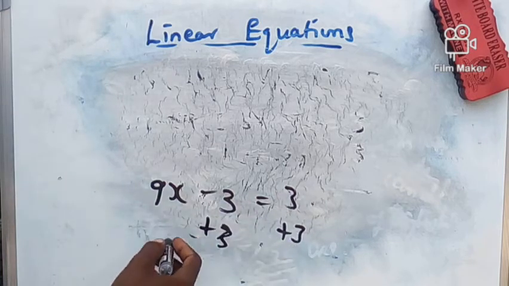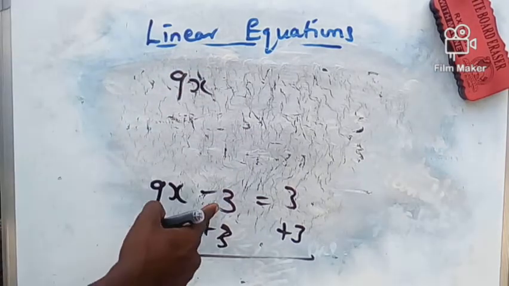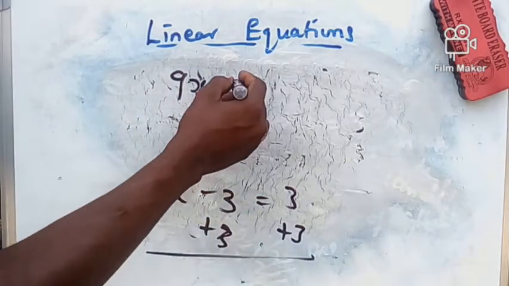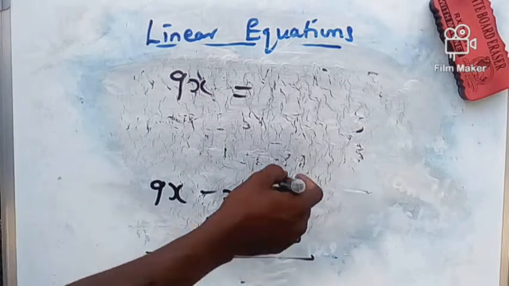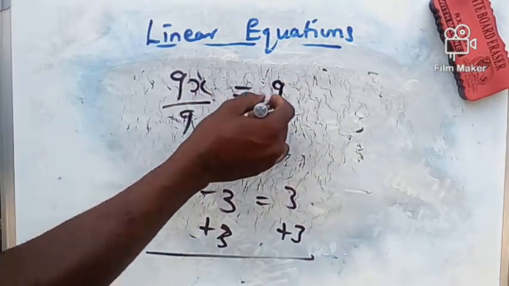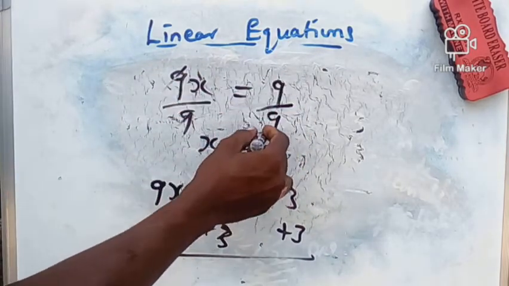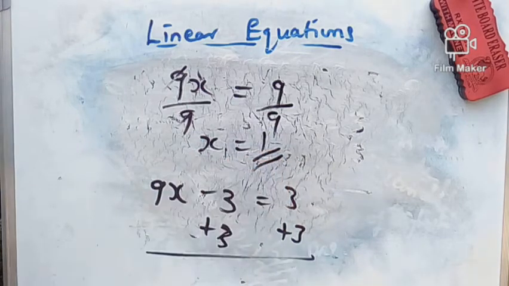So 9x minus 3 plus 3 is 0, and we bring down the equality sign. 3 plus 3 gives me 9. To get x, we divide all through by 9. 9x over 9 is x, and 9 over 9 is 1. And that is the final answer.